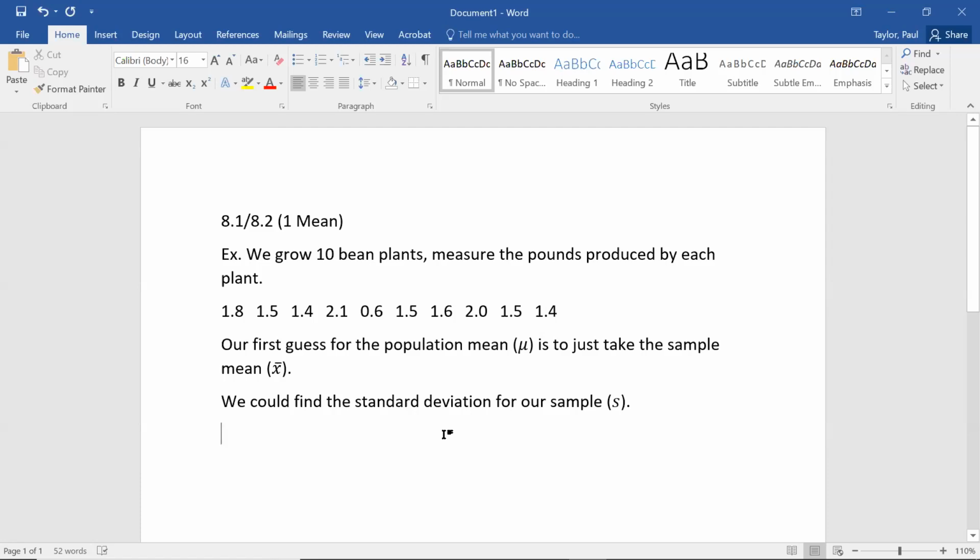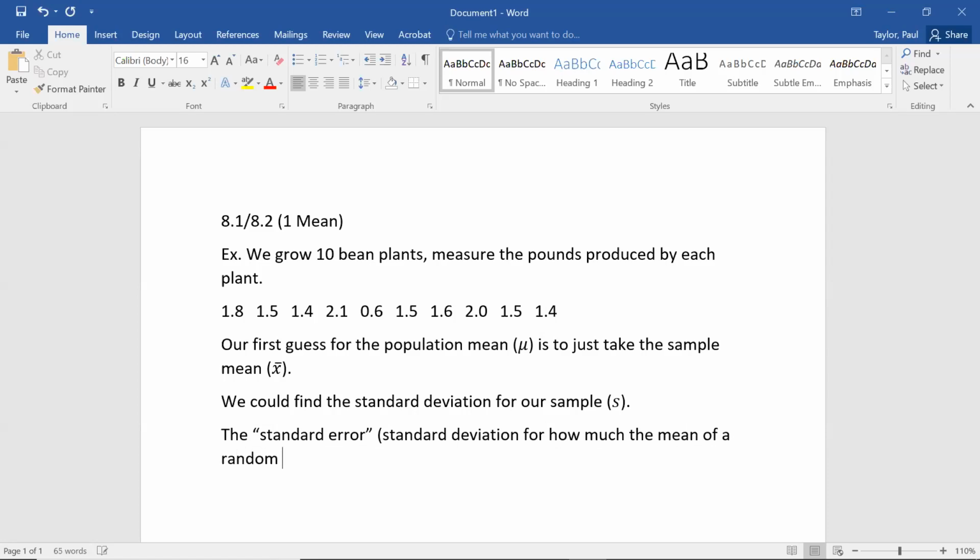We'll call that the standard error, which is the standard deviation for how much the mean of a random sample can vary. So we just have a random sample of 10 bean plants, and it could go up and down some amount. We're calling that the standard error.